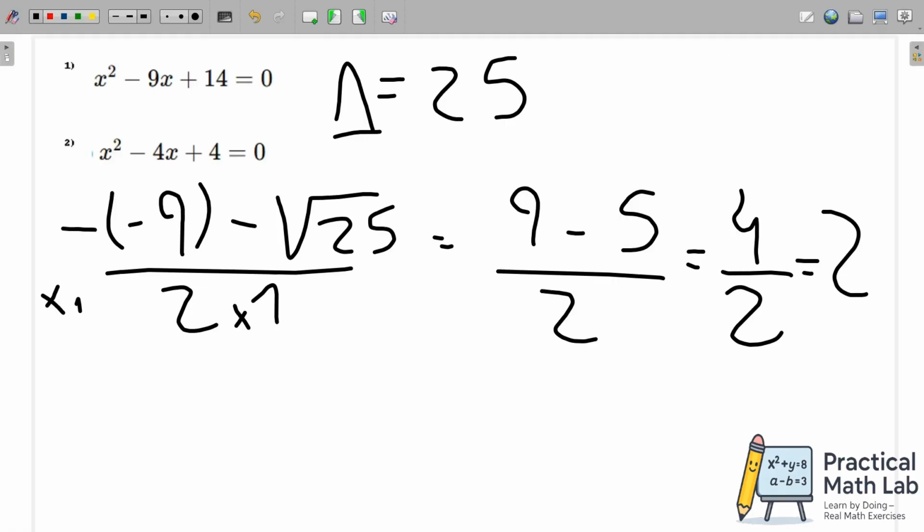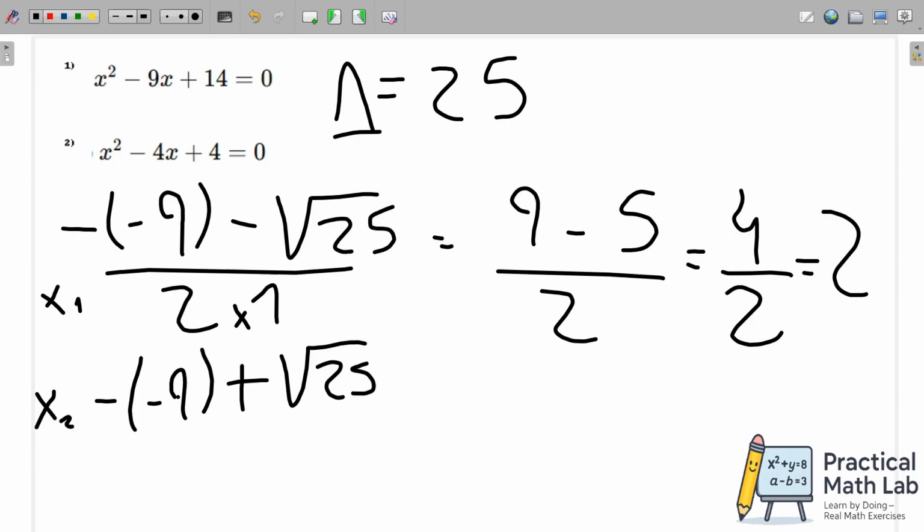Now let's find the value of x2, which will be minus b, which is minus negative 9. And now, here it was minus, now it will be plus. It's plus or minus the square root of delta. So now it's plus the square root of 25 over 2 times 1.